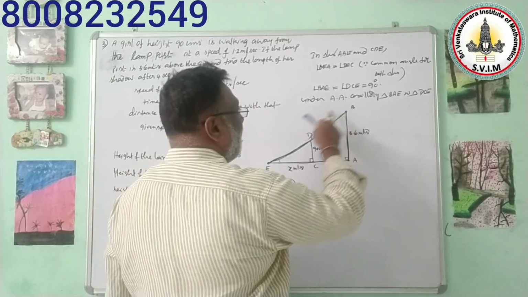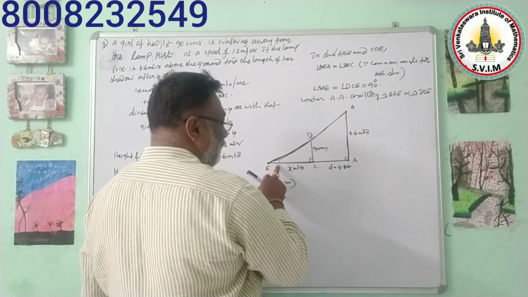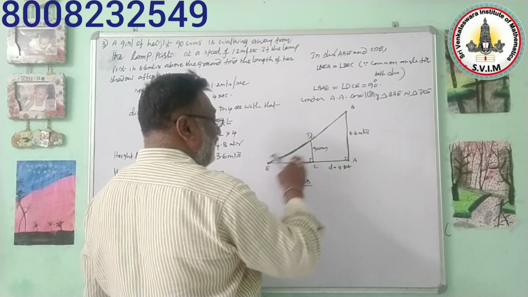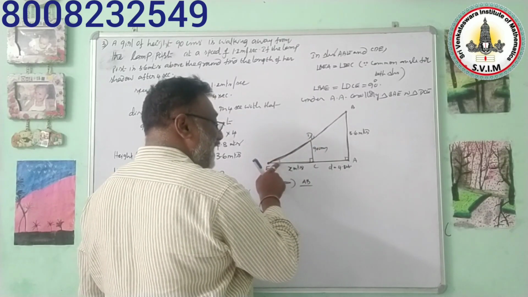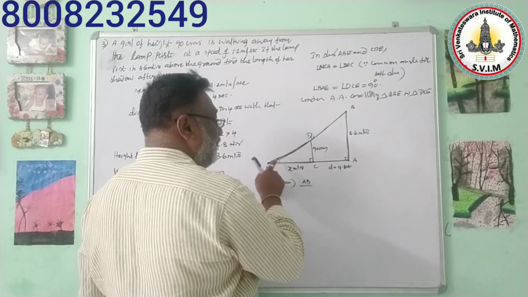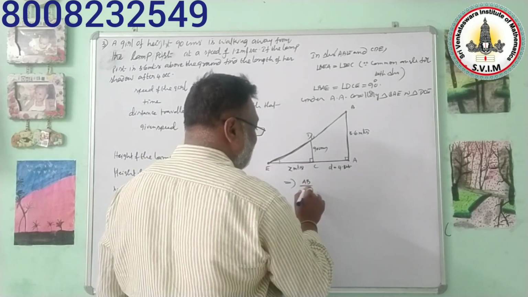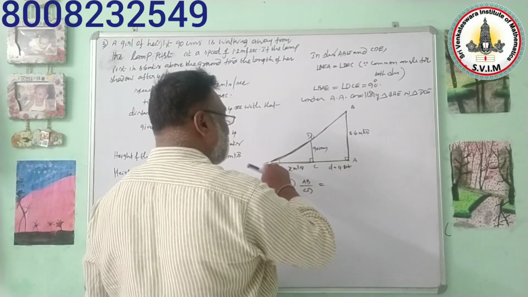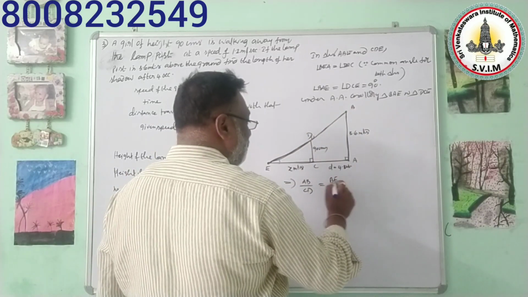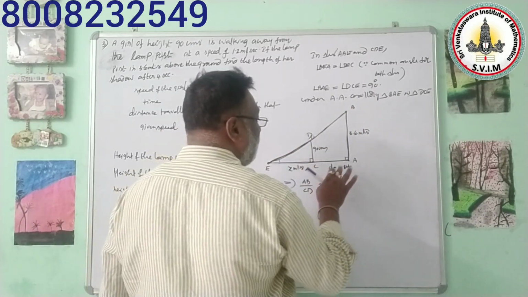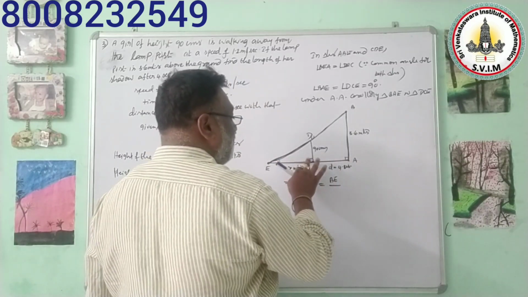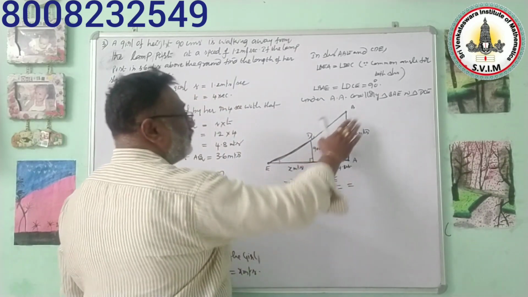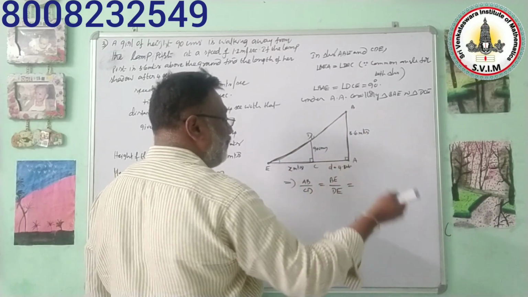That means in the main triangle, if you take this angle, the side opposite to that angle is AB, and in the subtriangle the corresponding angle is this angle itself, and the side opposite to it is CD, is equal to, in the main triangle if you take the right angle, the side opposite to that right angle is BE, by, in this subtriangle, the corresponding angle is this one, and the side opposite to this angle is DE, is equal to, in this main triangle these two angles had been over.